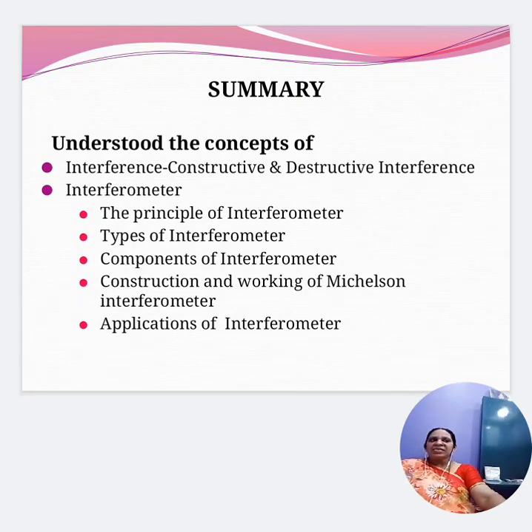Suppose you are placing a sample in the path of the ray, you can find out the refractive index by knowing the thickness of the sample, where delta is equal to t into (nu minus nu naught), where t is the thickness of the sample, nu is the refractive index of the sample, and nu naught is the refractive index of the medium, air.